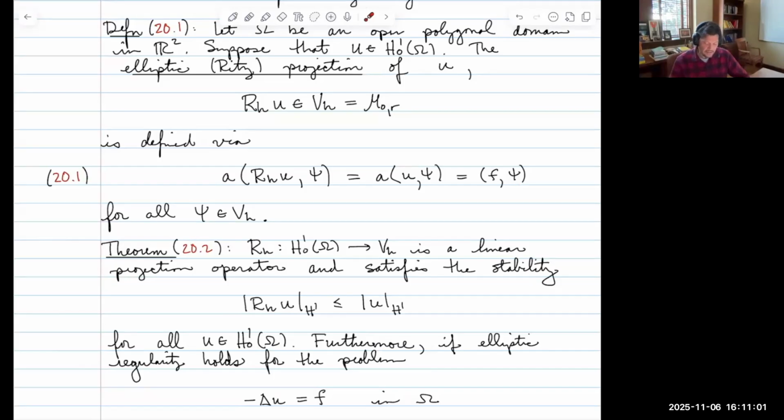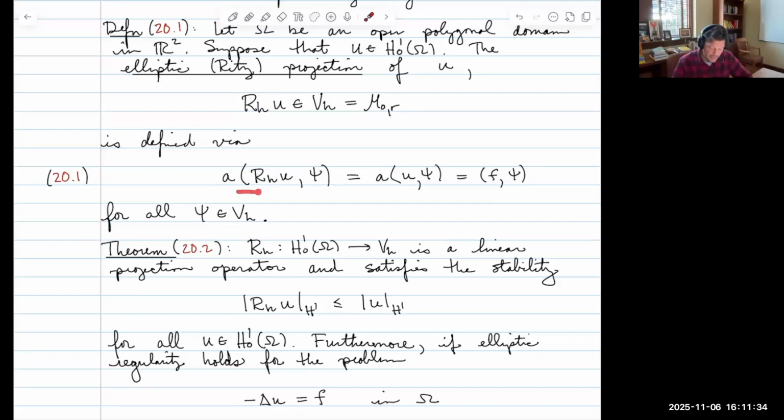This would be the weak formulation of the problem. But now we're not identifying u with any specific f. We're simply saying we have this u. It could solve an elliptic problem in the usual sense, but it doesn't have to. If it did solve that problem, then these two objects would be equal.